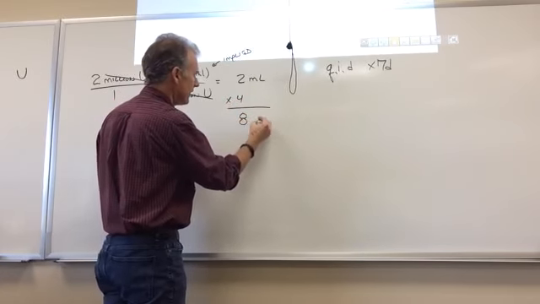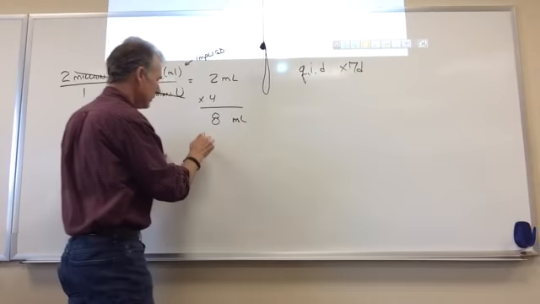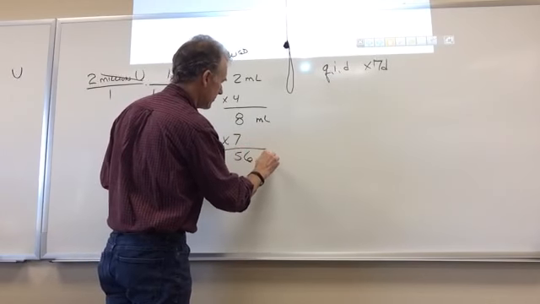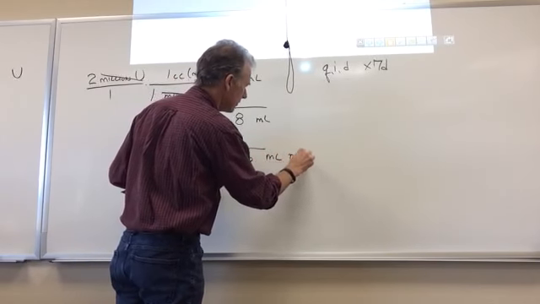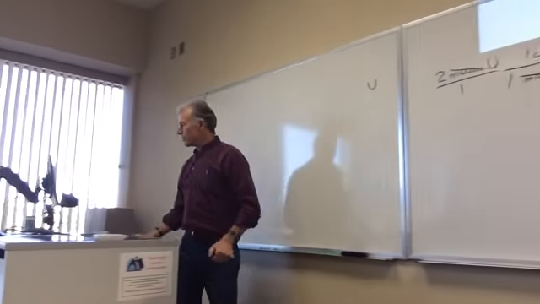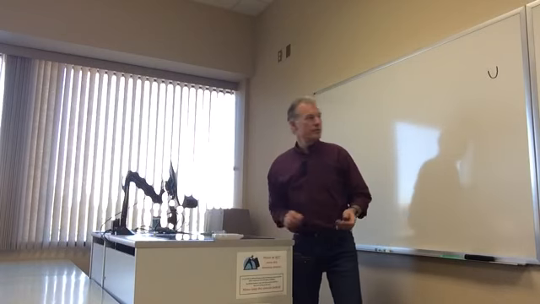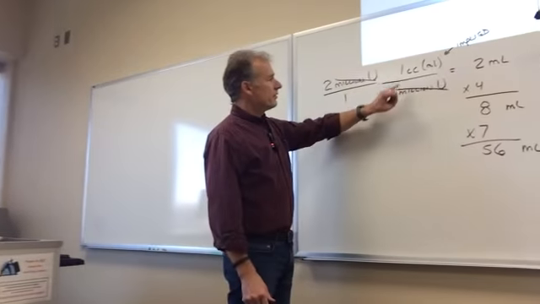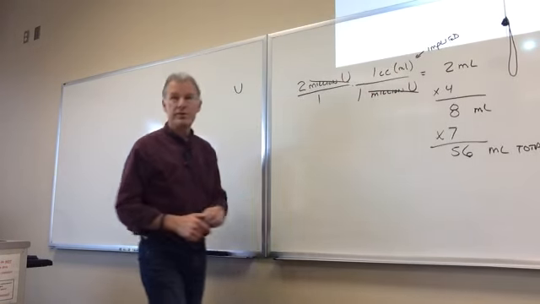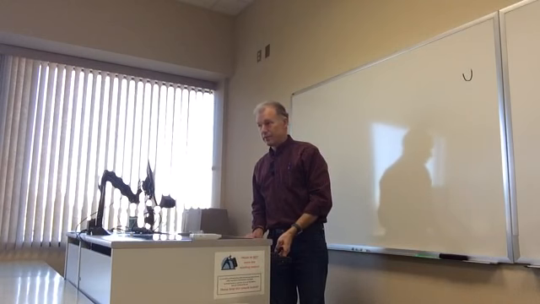So this person is going to get 8 milliliters, or 56 milliliters total. So just wanted to point out how this little unit thing works, okay? When you see the units, they're saying you have 1 million units in 1 cc or 1 milliliter. Is that fine?